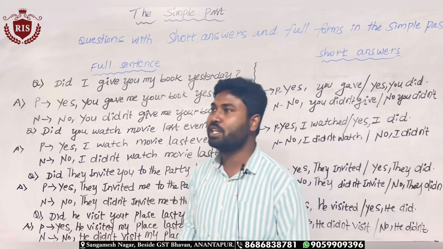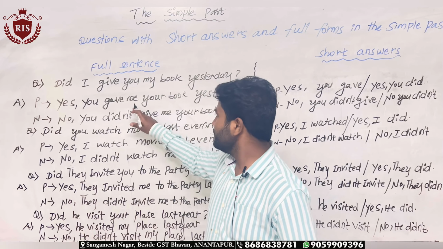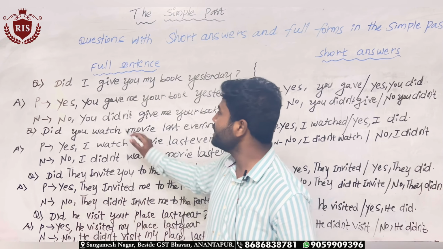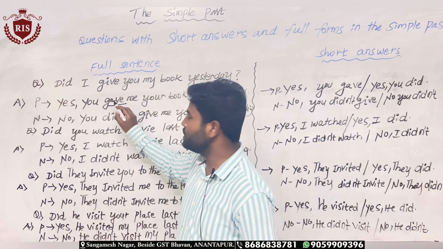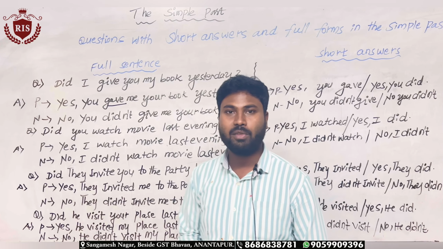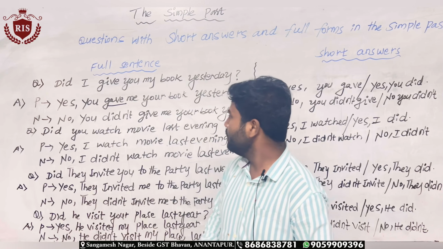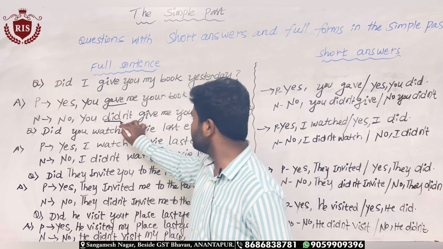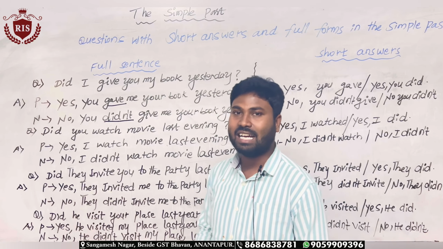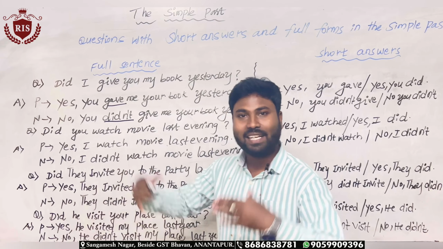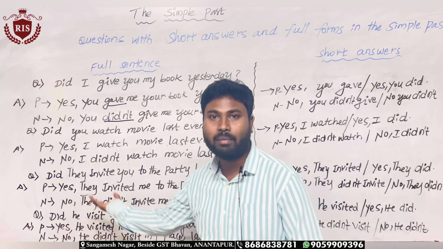Let us observe the difference between the affirmative and the negative. Here we have used the simple past form of the verb, none other than V2, and here we have used the auxiliary and added not to the auxiliary, and we have picked the contracted form of did not, that became didn't.